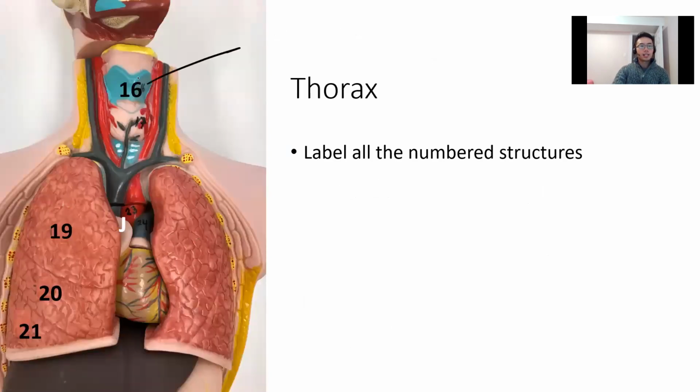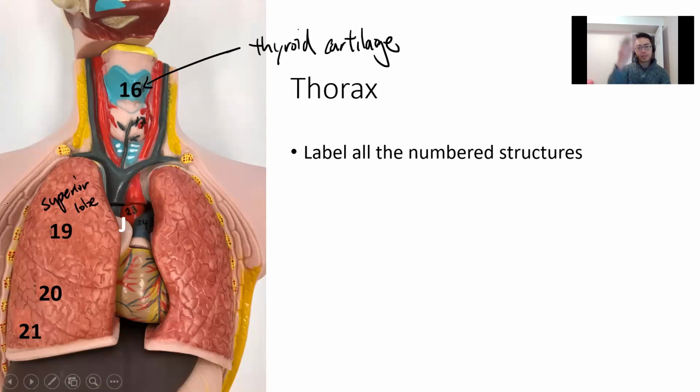Number 16 here, we have the thyroid cartilage. Number 19 is the superior lobe. I know this is last unit, but because we're doing the full body, we have some extra labels. Middle lobe. And then we have the inferior lobe.